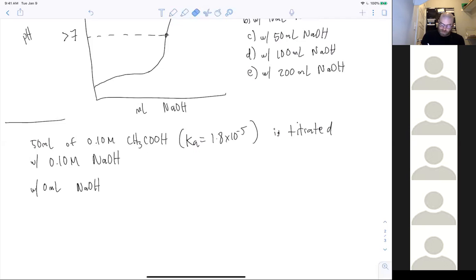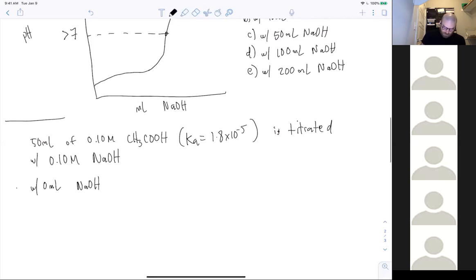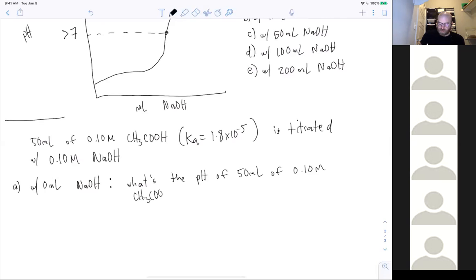The question could be rephrased as, what's the pH of 50 milliliters of 0.10 molar acetic acid?